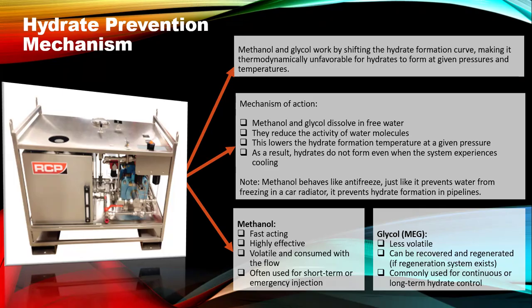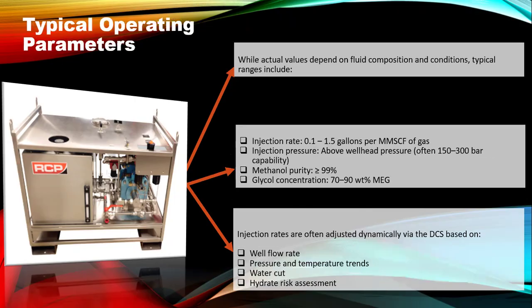So for this one, you might need a regeneration unit to regenerate your glycol, which is going to cause more expenses. It is commonly used for continuous or long-term hydrate control, right? So due to this, you can decide to use either one, but going with the methanol, we also safeguard our plant, and it will help spend less money for the operation. The actual values depend on flow composition and conditions.